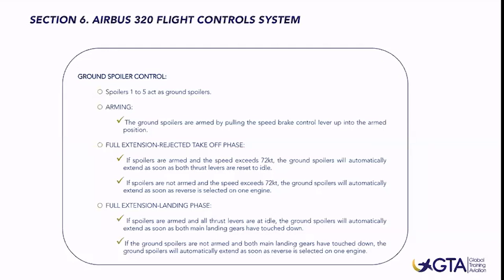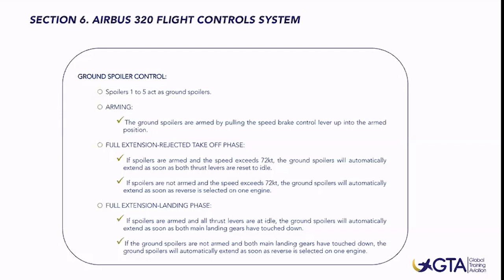Well, as soon as we are above 72 knots, if we are taking off with spoilers disarmed, which is the non-standard procedure, for the spoiler extension above 72 knots, the pilot will need to select one of the two reversers on the thrust levers just to make these spoilers deploy.